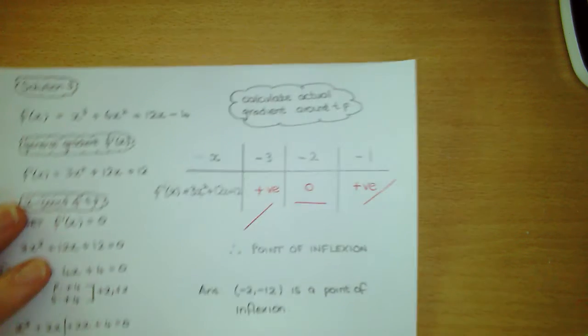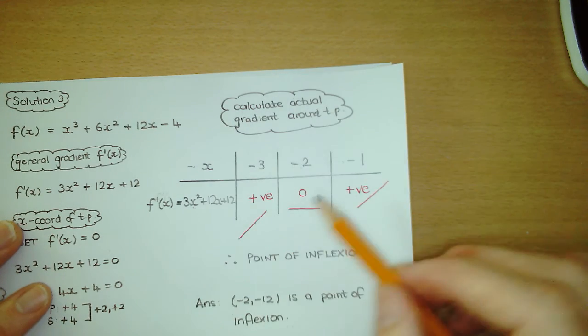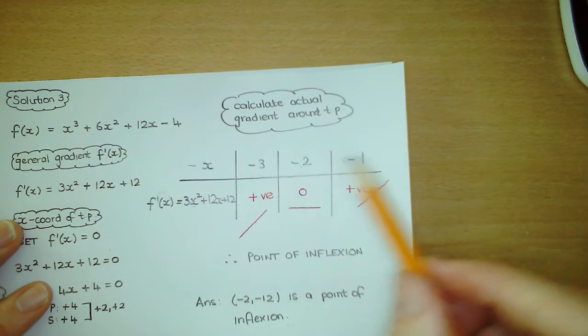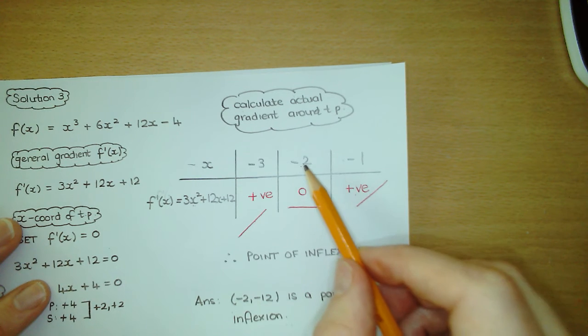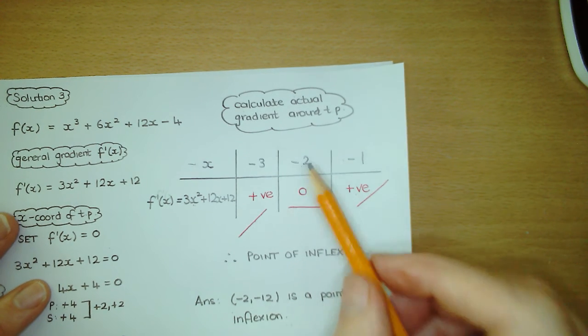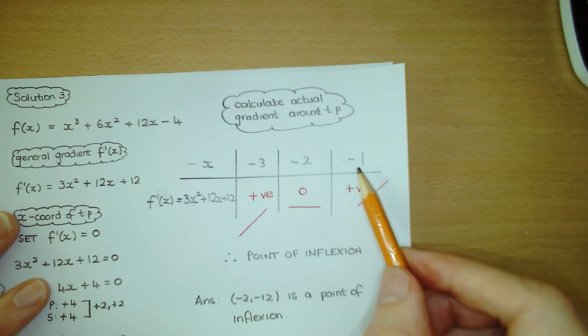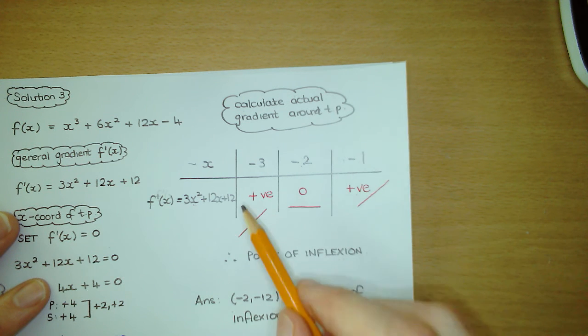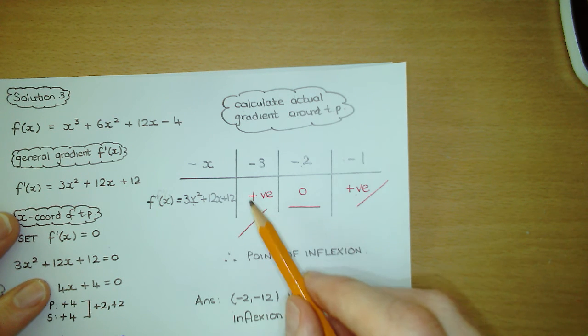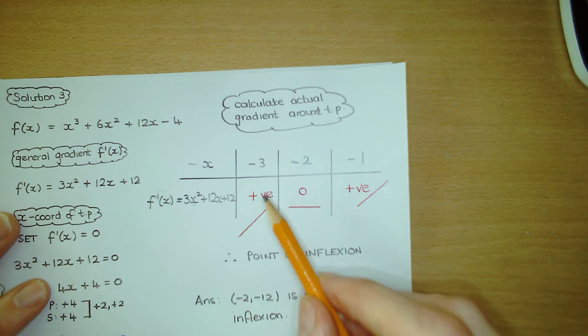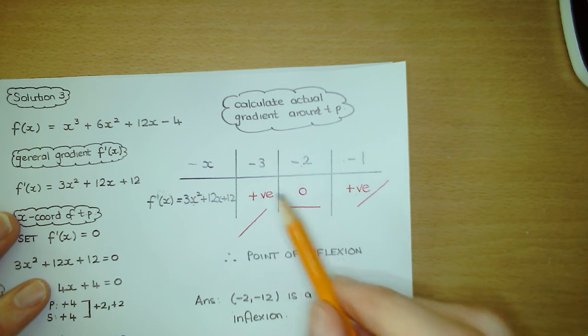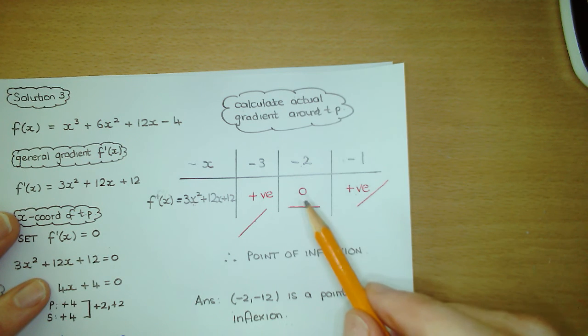So you then need to, as I say, rule a table. The top row is your x values. The middle x value will be the x coordinate of the turning point. Peg an x coordinate immediately to the left of it and an x coordinate immediately to the right of it. And what you're then doing is getting the actual sign of the gradient at each point, on either side of the turning point and at the turning point.